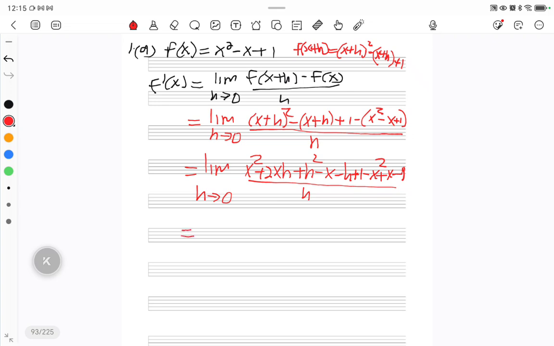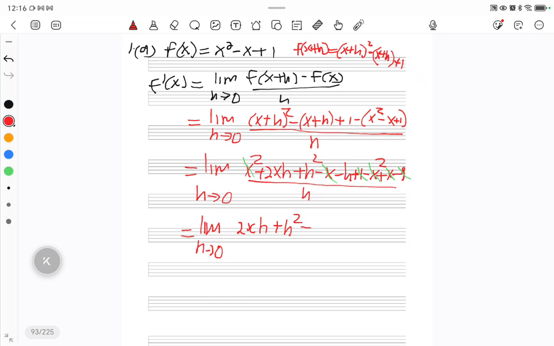Right, then we'll have the limit as h approaches 0. Then we see that x squared will cancel x squared, then x will cancel x, and 1 will cancel 1. So here it's preferred that we are left with anything that has h, as long as we're not dealing with one-sided limits, right?